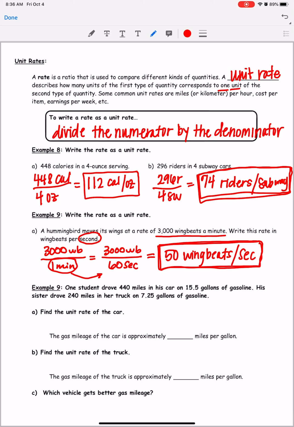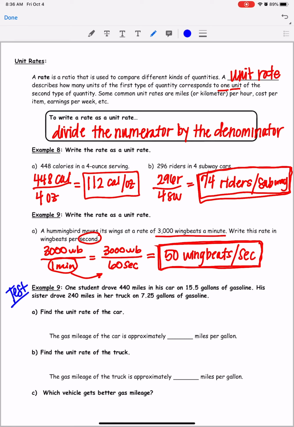Okay, in example 9, we got a part A, B, and C here, and little hint for you. You're going to have a test question that's very similar to this. It says one student drove 440 miles in his car on 15.5 gallons of gasoline.